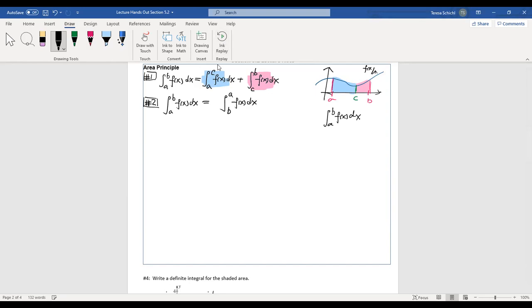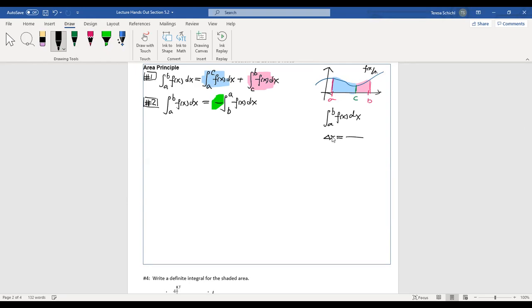Then what happens here? I'm going to have a negative sign. This is very, very important: I get a negative sign when I switch the bounds. You might say they're the same, so why the difference? The difference is delta x.